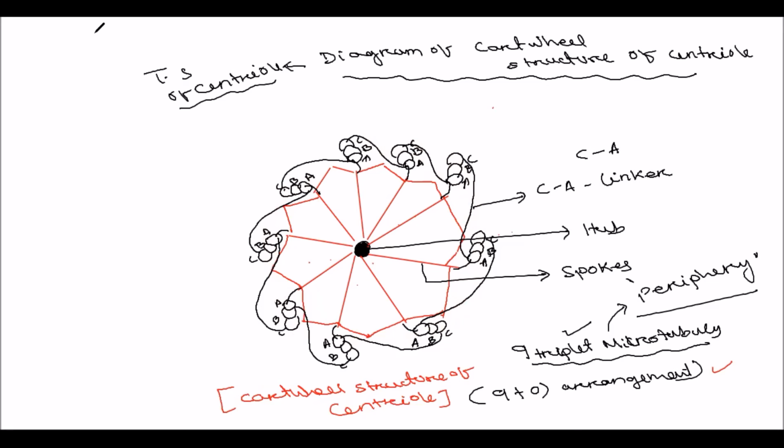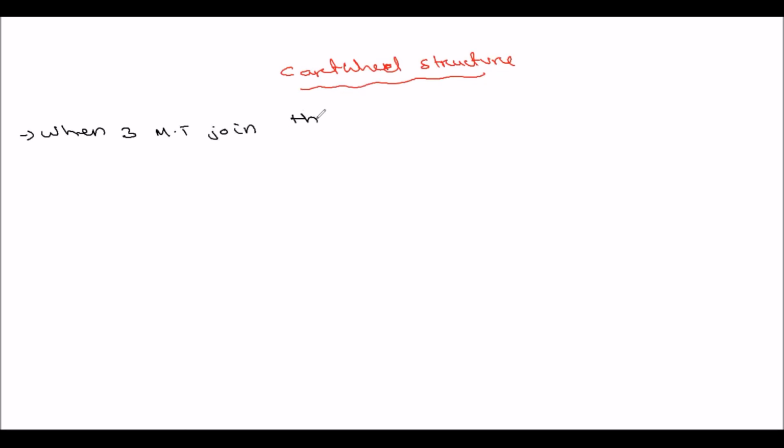Okay, let me write something about this structure. So the cartwheel structure: when 3 microtubules join, they form triplet fibrils.